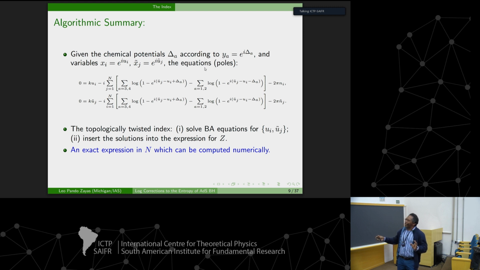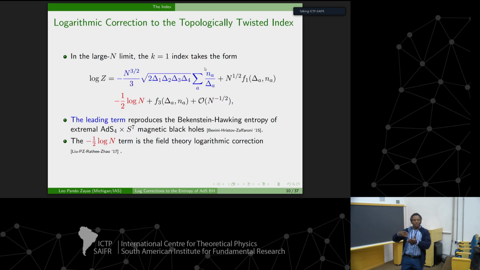So I solve this equation, and I can solve them numerically very, very precisely, right? Maybe not as precise as has been done right now, but at the time when we did it, it was sufficient for us. I insert into the expression the ugly expression of the previous page, and I get my topologically twisted index exactly in n, right? So then I can, of course, do numerics and try to extrapolate.